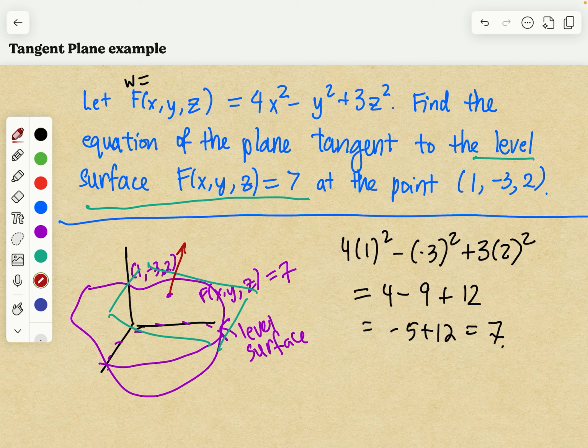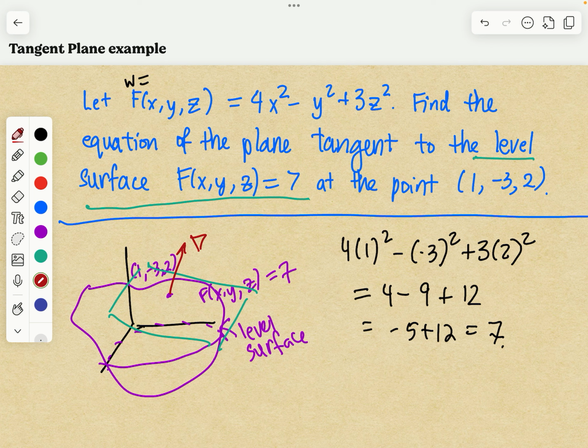And the key fact that you need to know to do this problem is that the gradient vector of this function is orthogonal to the surface, meaning that it's orthogonal to this tangent plane.